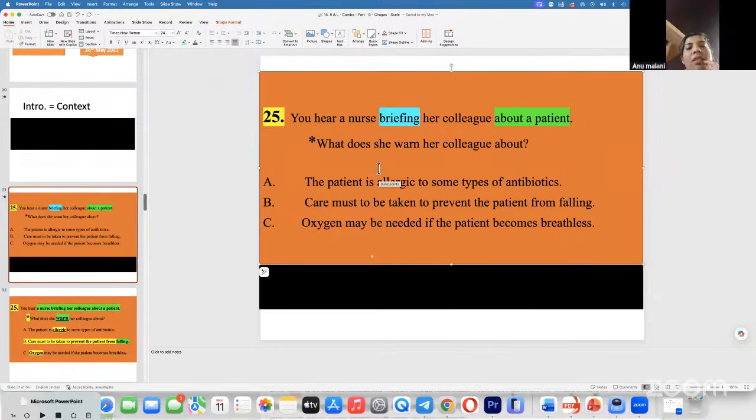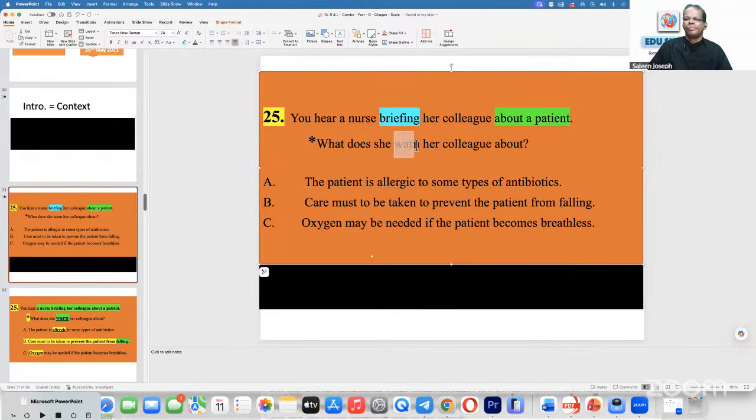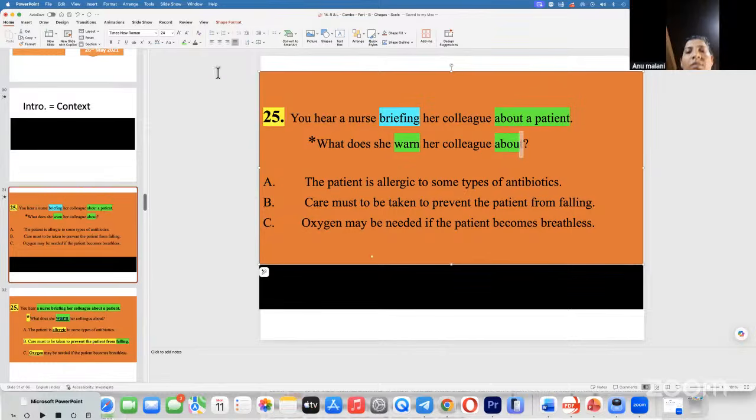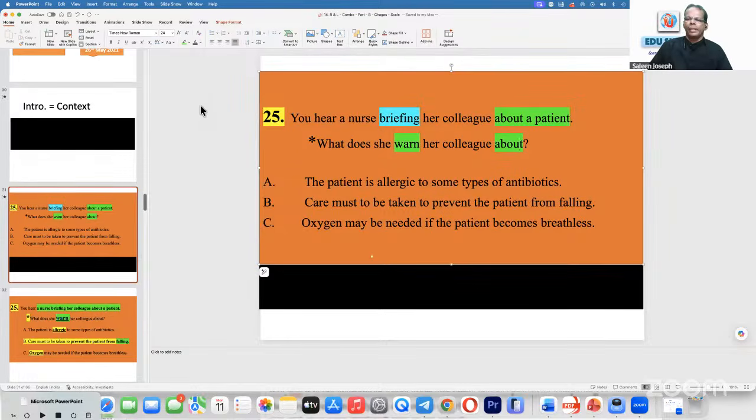What does she warn her colleague about? She warned her colleague about what? Option A, the patient is allergic to some types of antibiotics.